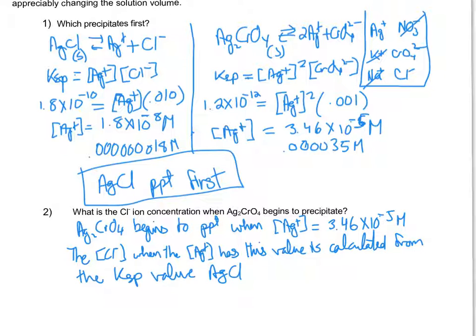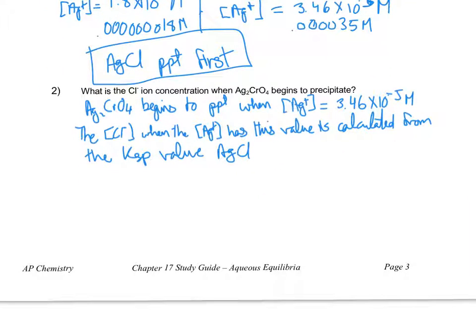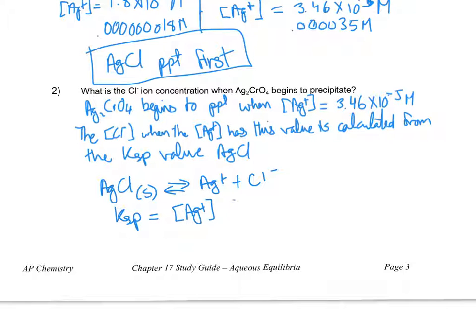All right, so I just wrote that down. This says the Cl- concentration when the Ag+ concentration has reached this value can be calculated from the Ksp for AgCl. So let's actually try to do that. I'm going to write down my expression for the AgCl. The AgCl solid partially dissociates into Ag+ and Cl-. My Ksp expression again is the concentration of the Ag+ times the concentration of the Cl-.